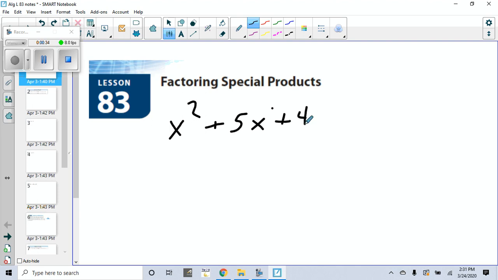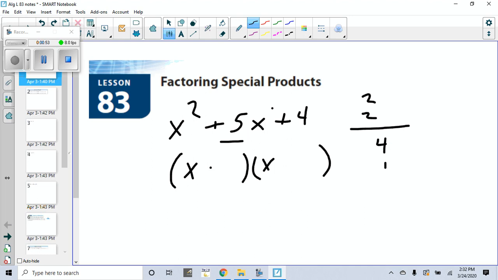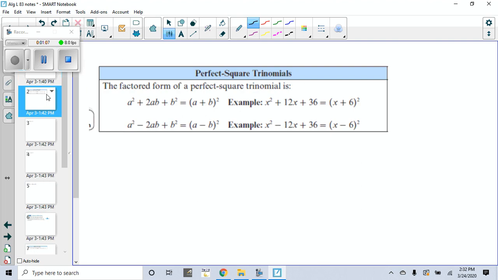We've factored stuff like this before, and we've drawn the parentheses and said x and x, and we've said the factors of 4 are 2 and 2 and 4 and 1, and the ones that add up to 5 are plus 4 and plus 1. So we have factored trinomials before, but these are special trinomials and special products.